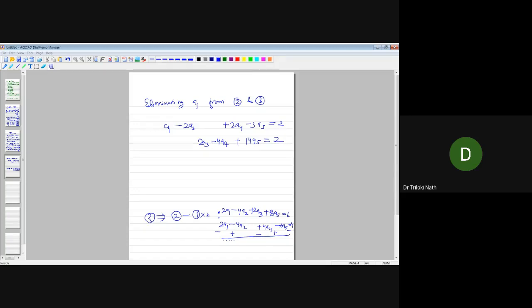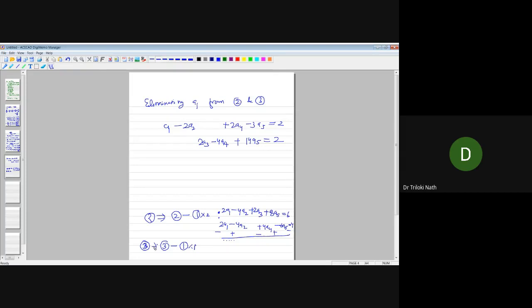We have this one. And the third equation is going to be replaced by, okay, that is equation 3 minus just equation 1, nothing else. You can write multiplied by 1.